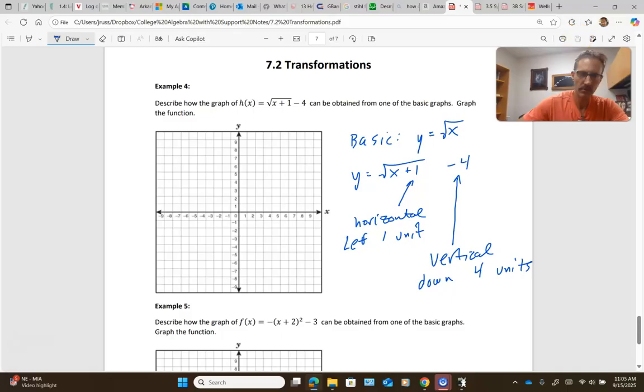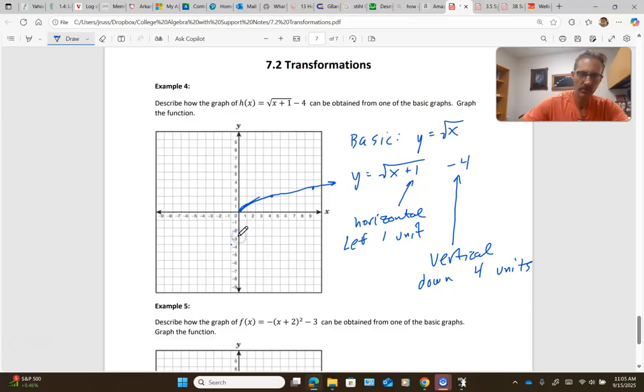Okay? And so if I just kind of roughly sketch in, let's see, I remember some of these points for this function. This square root function, this is what the basic square root function would look like, square root of x. Okay? Well, if I take this shape, or all the points on it, and I shift it to the left 1, it would start right here, and then if I shift it down 4 units, it would actually start right here.